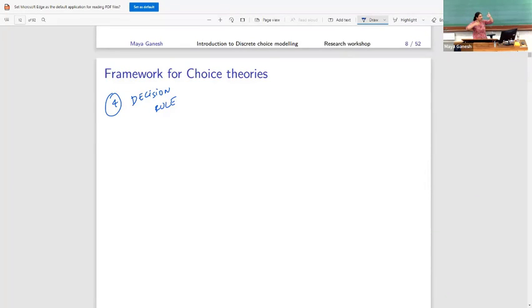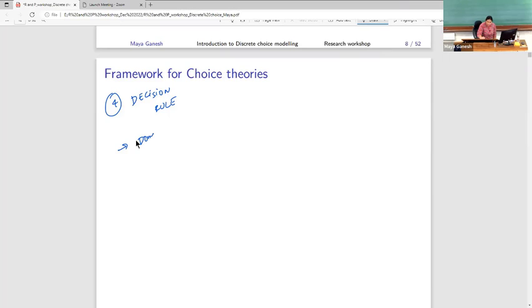After I have that data, I should have a decision rule for me to be able to make that choice, right? So there are a couple of decision rules available to us. We will look at what is best for us to model this, but we will also discuss briefly what decision rules are available to us.